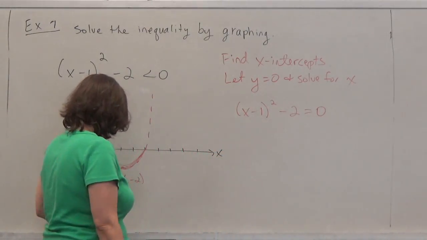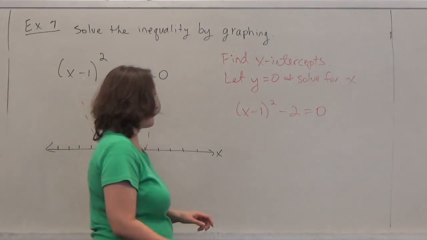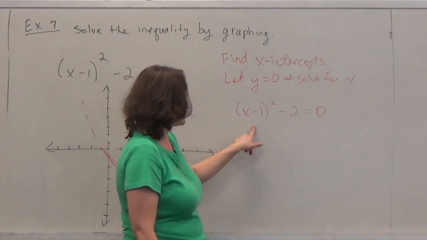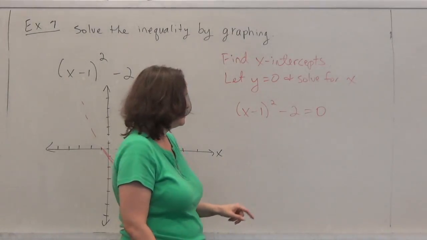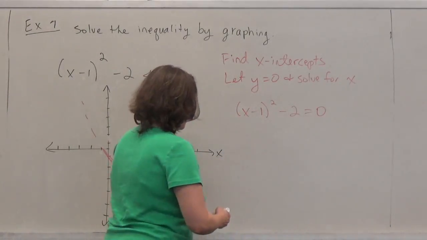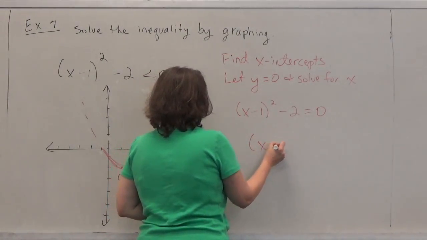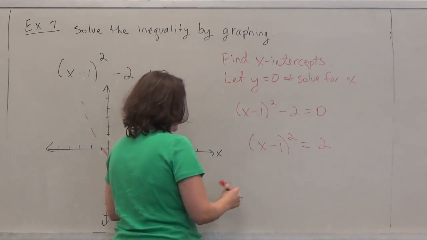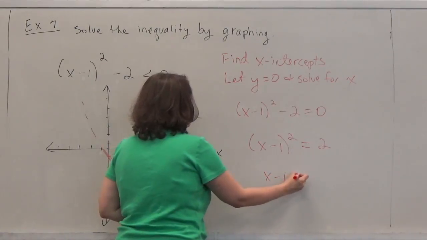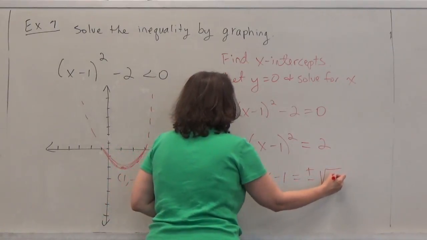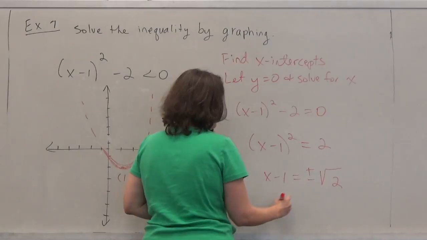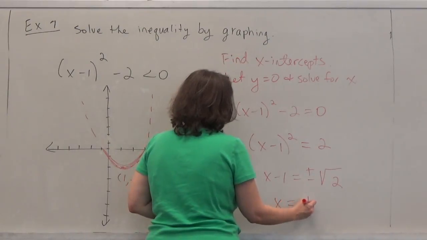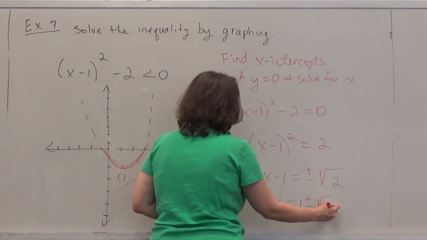My choice here would be the square root property, because we've already got this perfect square, (x minus 1) squared. I'm going to add 2 to both sides and then take the square root of both sides. So you'll have x minus 1 equals plus or minus the square root of 2, and add 1 to both sides, so x equals 1 plus or minus the square root of 2.